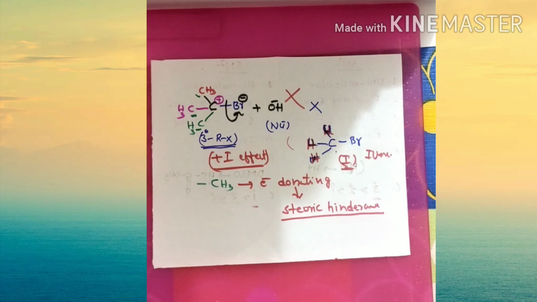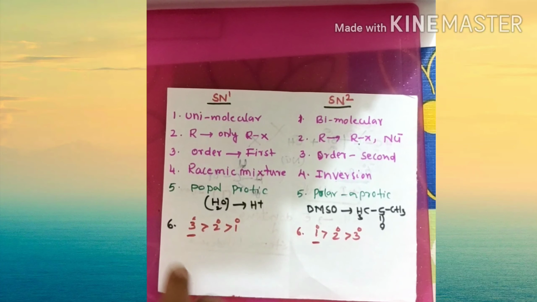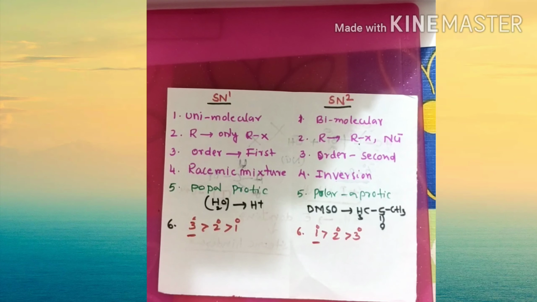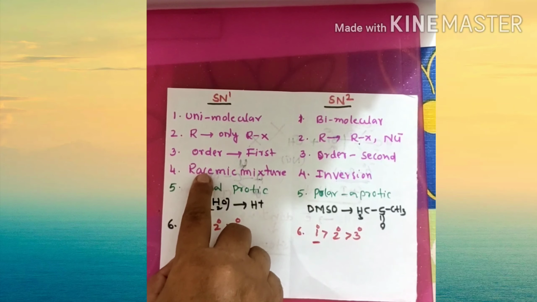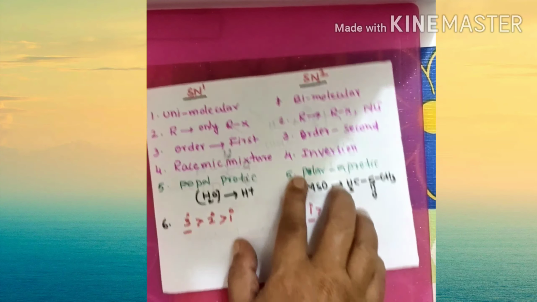In SN1 the rate of reaction depends only on RX, the alkyl halide. In SN2 the rate depends on both the alkyl halide as well as the nucleophile. SN1 is a first order reaction, SN2 is a second order reaction. What is order? Order is nothing but the sum of all the concentration terms of the reactants or reagents. In SN1 a racemic mixture is formed. In SN2 inversion of configuration is formed.